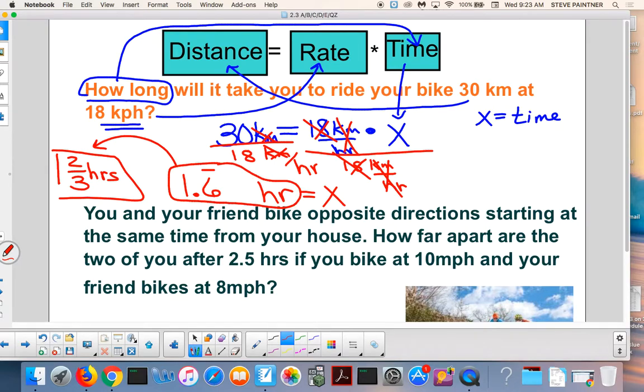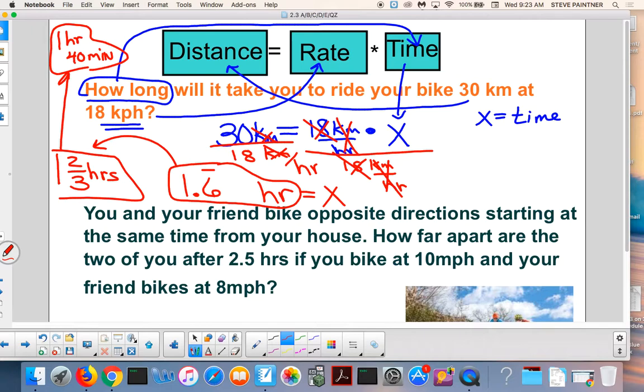Dallas is saying 2/3 of an hour is actually 1 hour and 40 minutes. So Dallas, that's another way to say it. Most students probably won't say it that way, but that's good. They're all good. Thumbs up? All right, good.